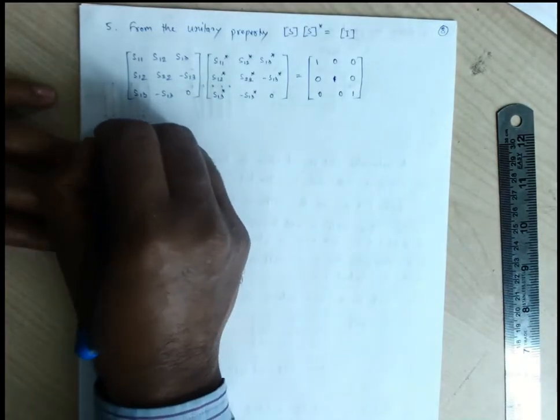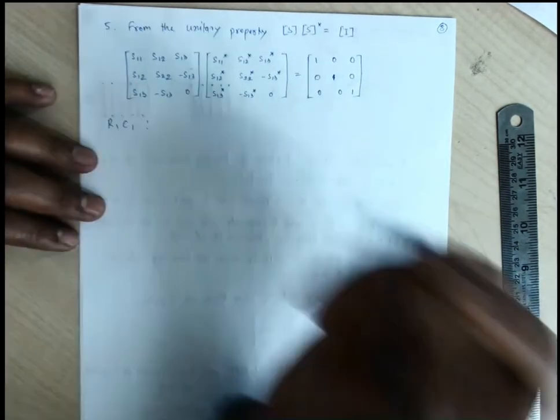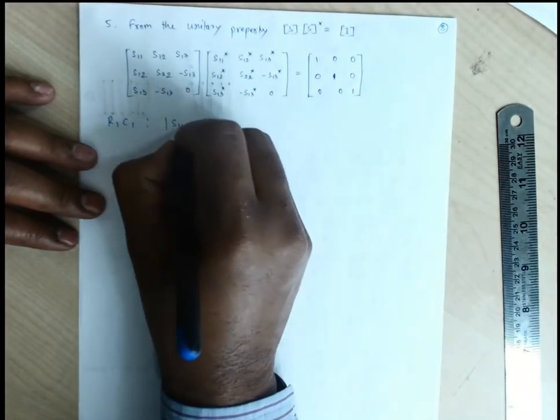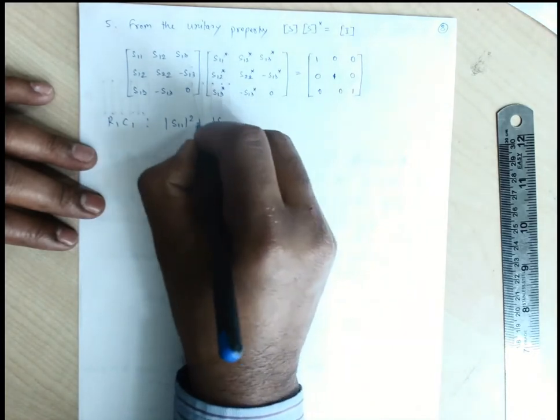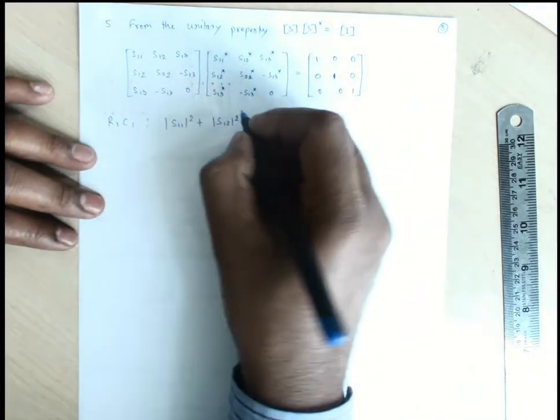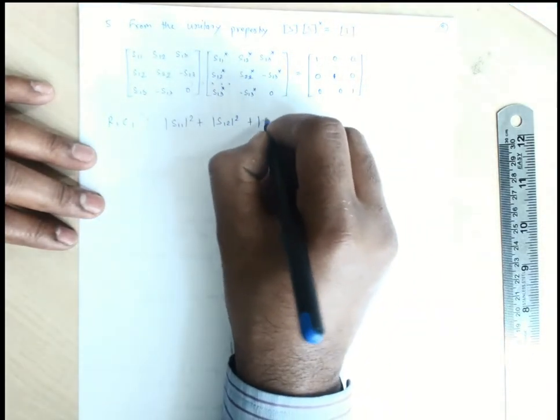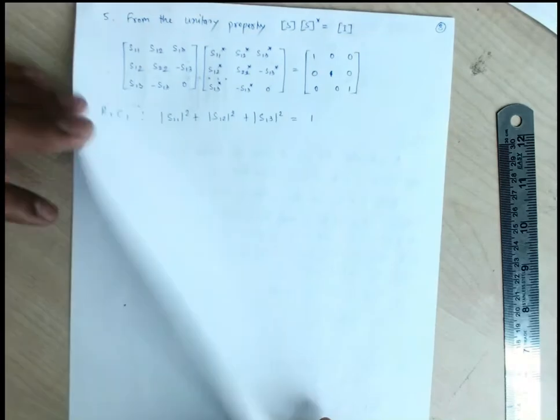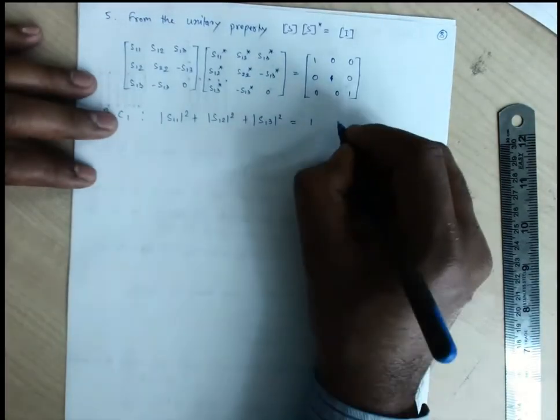Same as what we did for the earlier case, we'll go with different rows and columns and compare with this right hand side. So let us take R1 C1, row 1, column 1. That will be mod of S11 square plus mod of S12 square plus mod of S13 square is equal to 1. So let us take this as equation number 1.